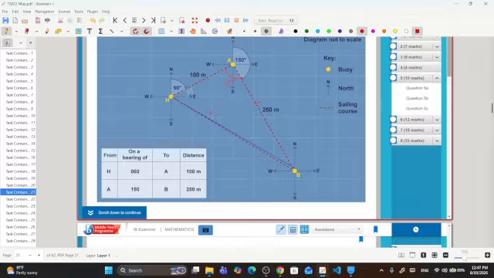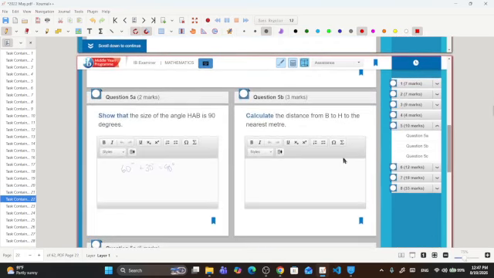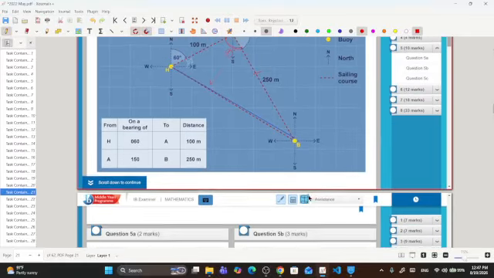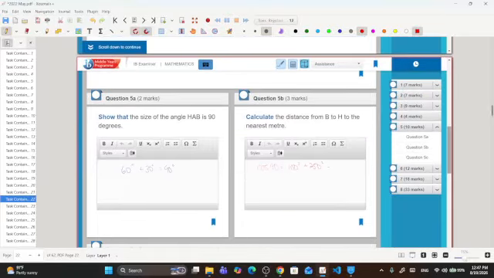So using the cosine rule formula, I can say that cosine of 90 equals 100 squared plus 250 squared minus the value that we have to find, HB squared, over 2 times 100 times 250.